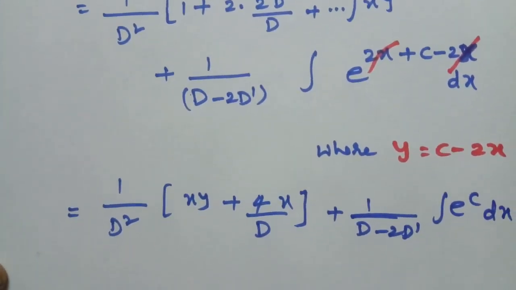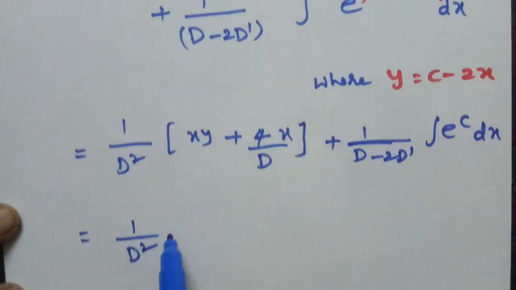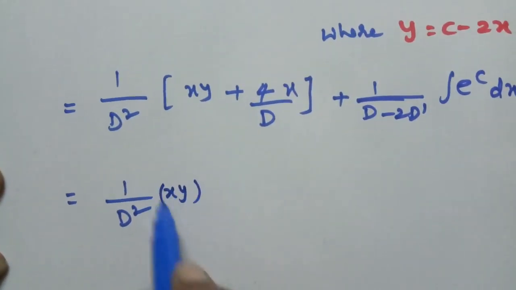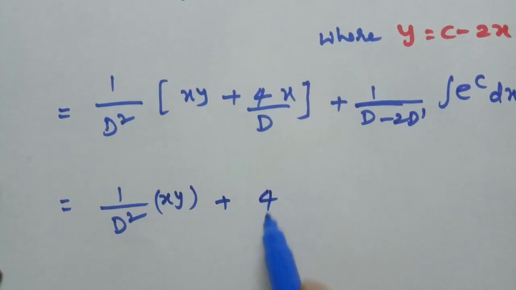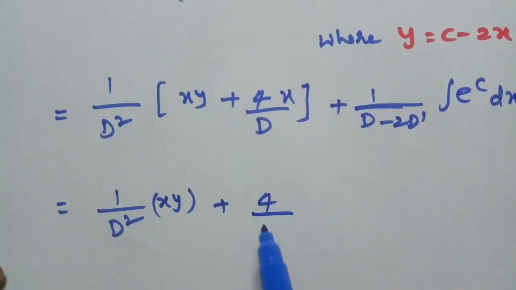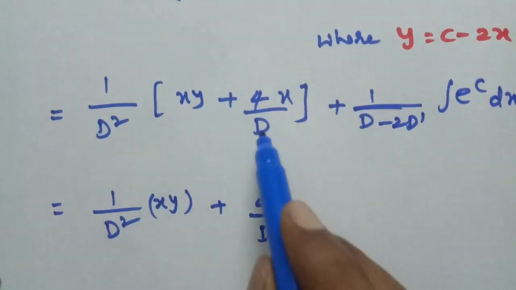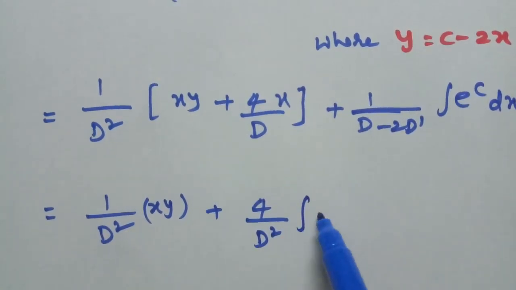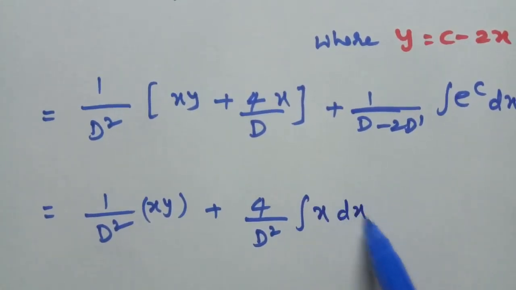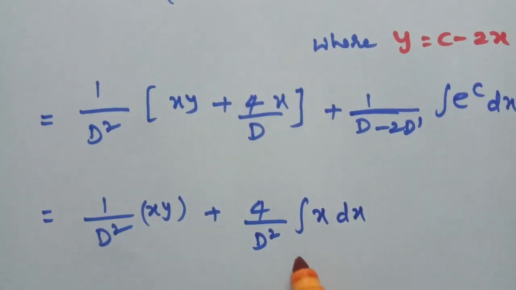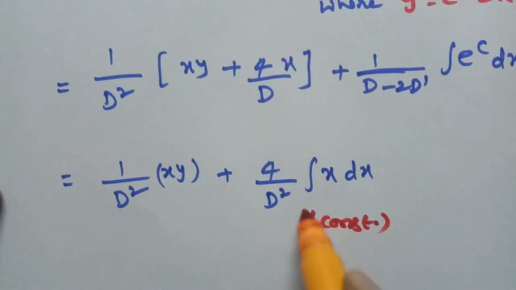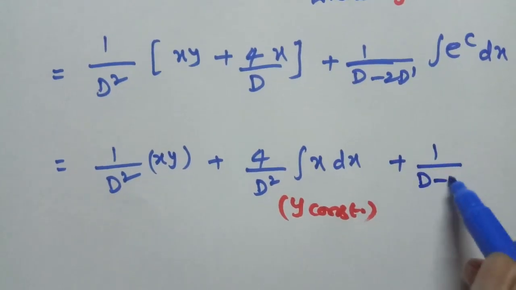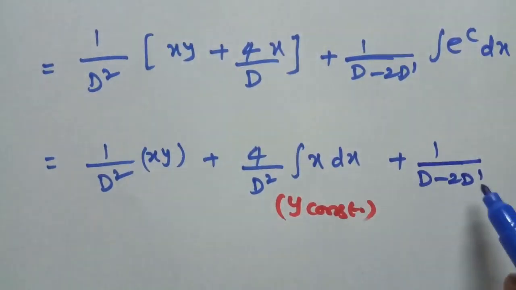This can be written as 1 by d square into xy plus 4 by d square into 1 by d. 1 by d means you know that integration of x dx, keeping y as a constant, plus 1 by d minus 2d dash into integration of e power c.